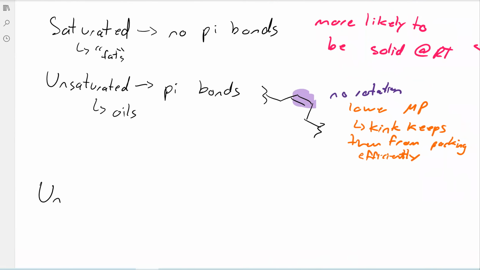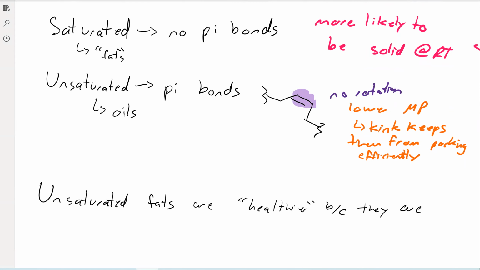In general, the argument is made that unsaturated fats are healthier because they are less likely to be solids in your bloodstream, which would then lead to a heart attack.